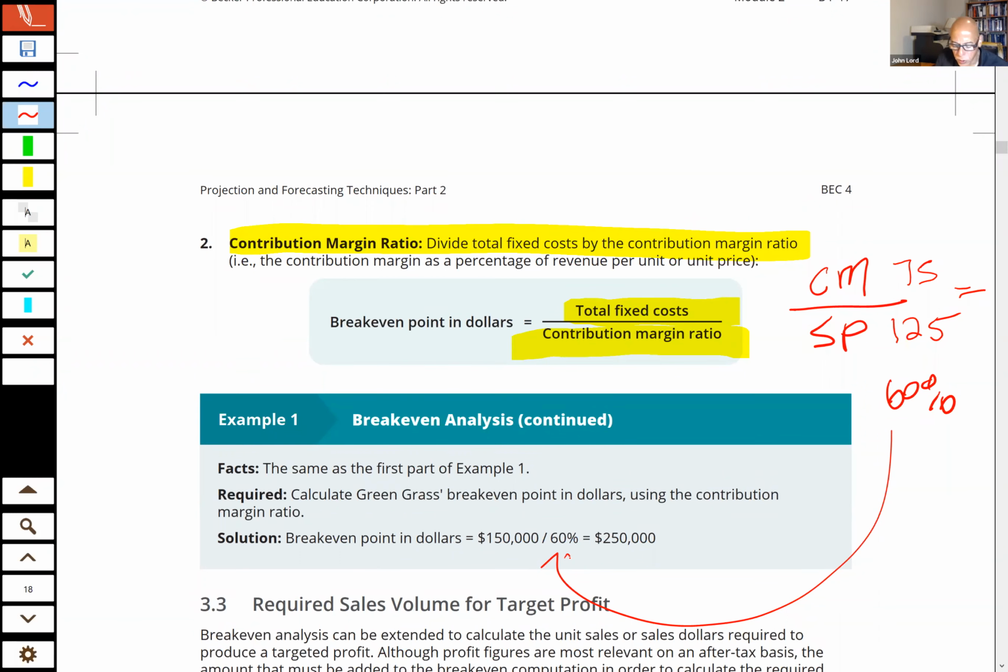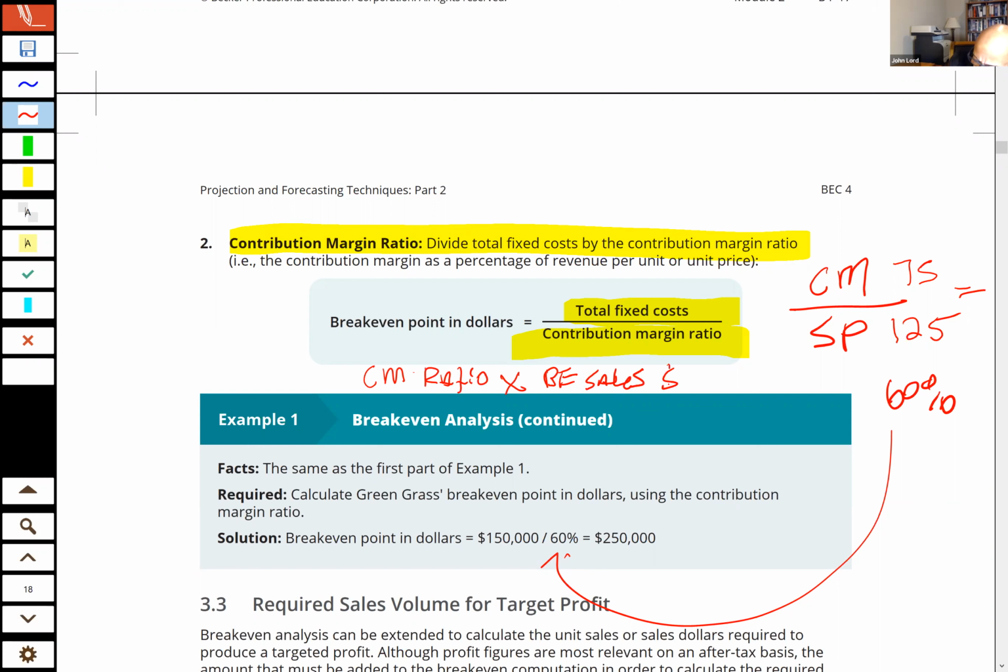Okay. And so when you do it that way, you're saying what? Contribution margin ratio, right? Times the break even sales dollars, which is the unknown here, which is sort of what we're trying to calculate here, right?